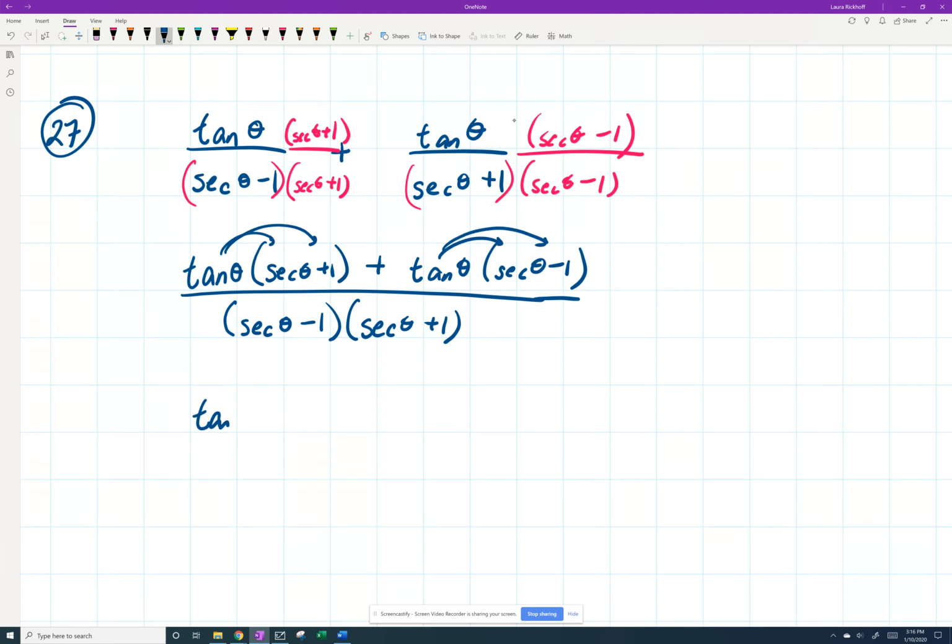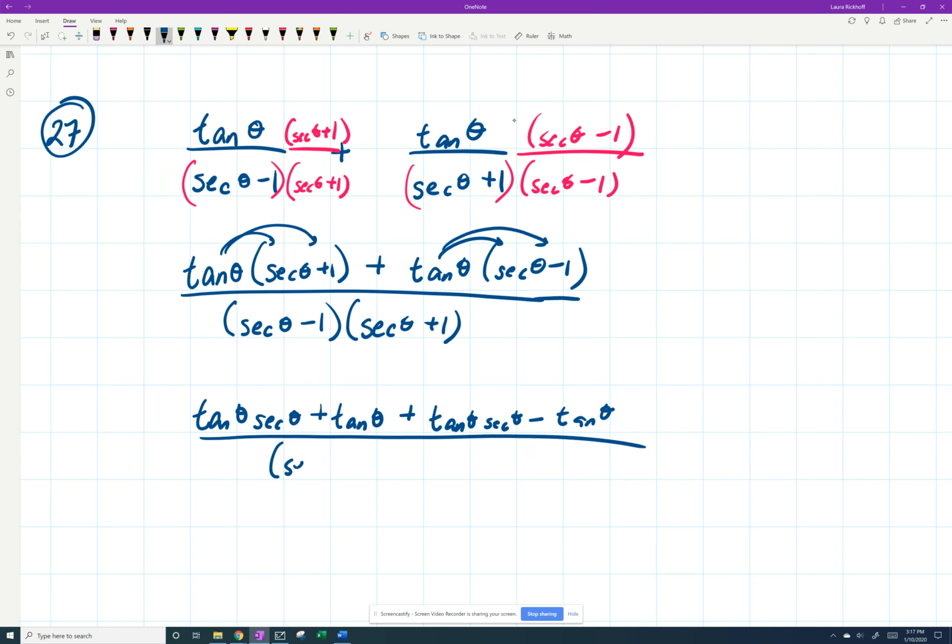So I get tangent theta secant theta plus tangent theta plus tangent theta secant theta minus tangent theta all over, I'll rewrite the denominator as is.